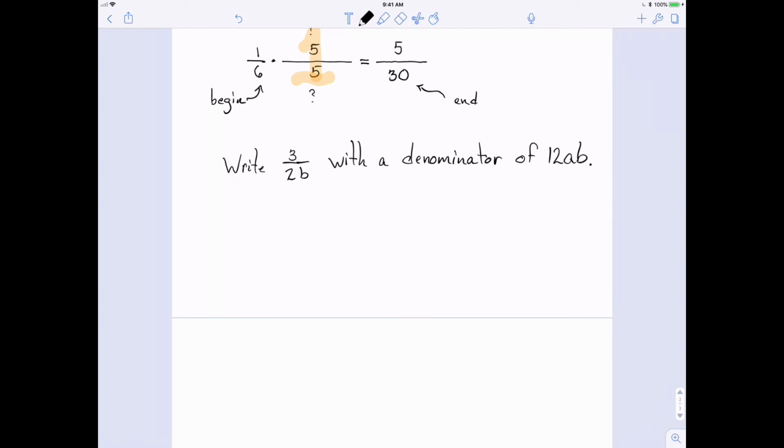Wow, this could be a big one. So it all begins with the factors again. For the 2b, 2 is prime, so we can't factor 2 anymore, and b is done. So this is all the factors of 2b.